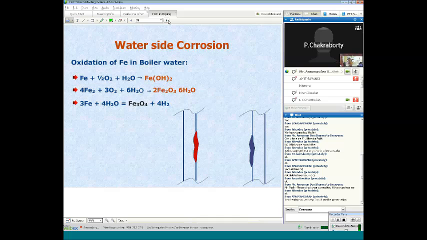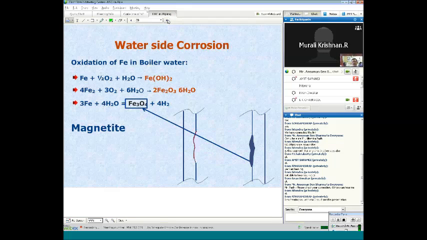Corrosion is the loss of metal. If this oxide formation gets dissolved in water and flows out, that will result in the loss of metal or thickness. In that case, I would say it is corrosion. But suppose this oxide layer stays where it is formed, then I would not say it's corrosion, but it is actually a scale, right?